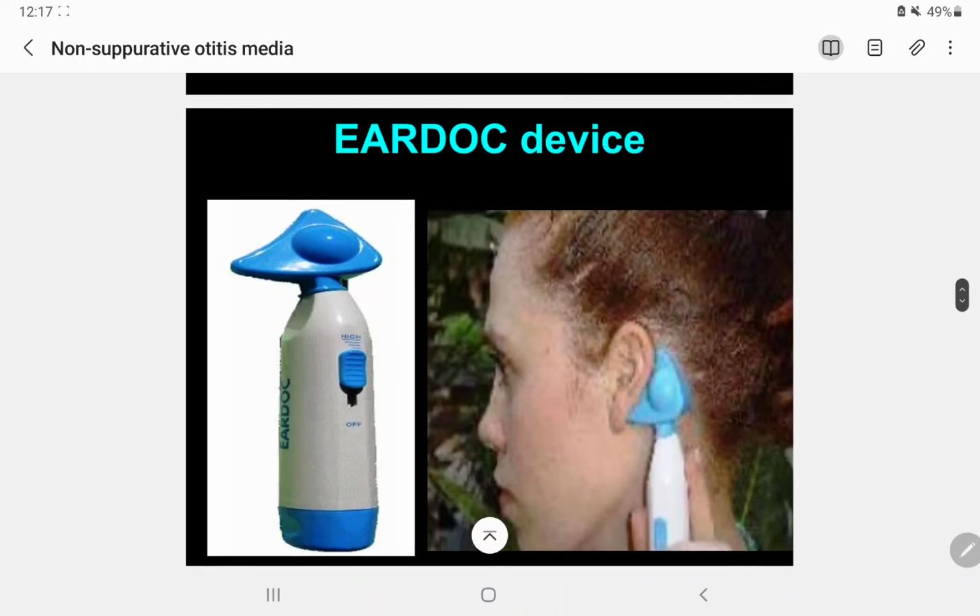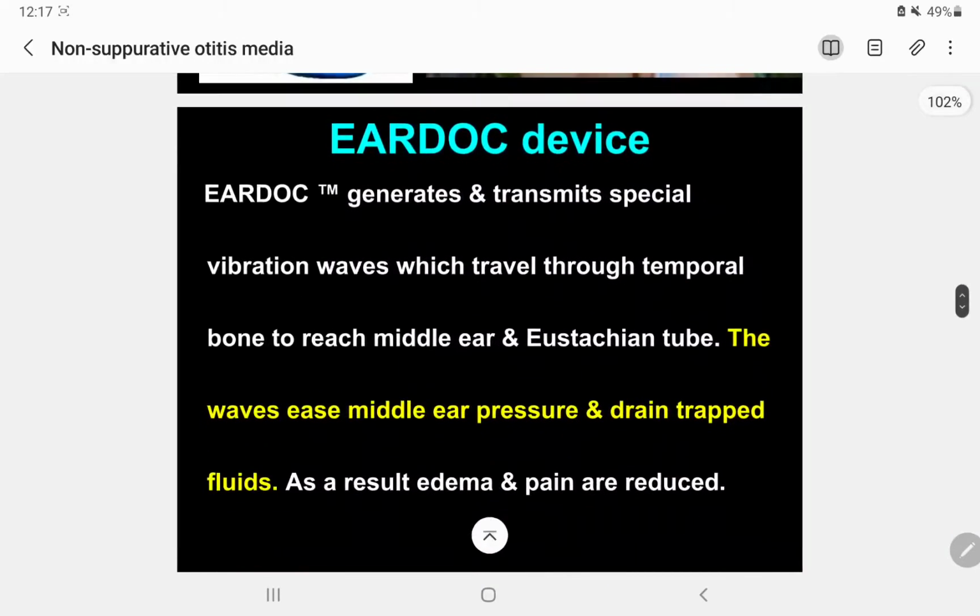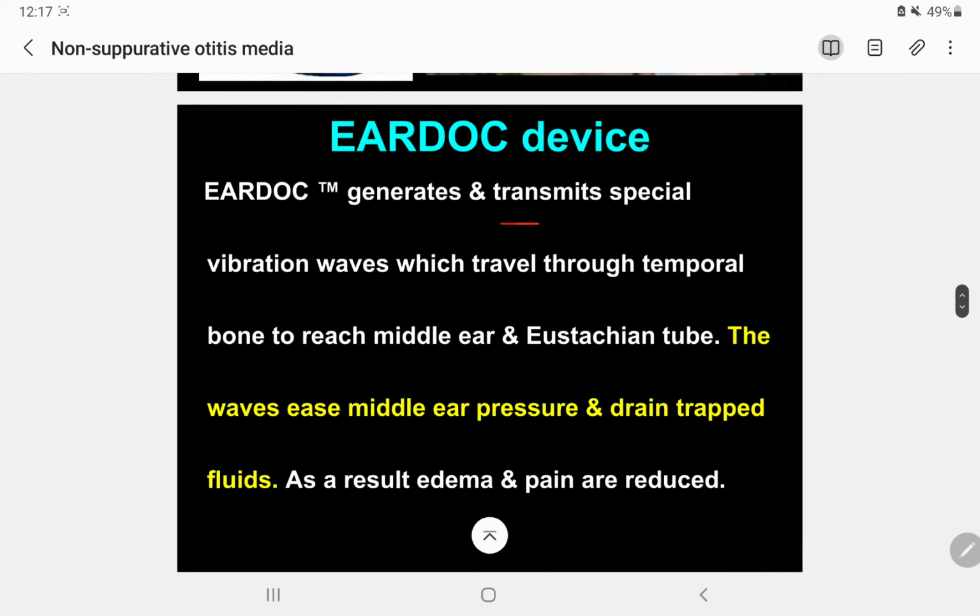Then there is one device known as the AirDuct device. It generates and transmits special vibration waves. This is even fancier. The air popper just streams air, but the AirDuct device transmits vibration waves through the temporal bone.